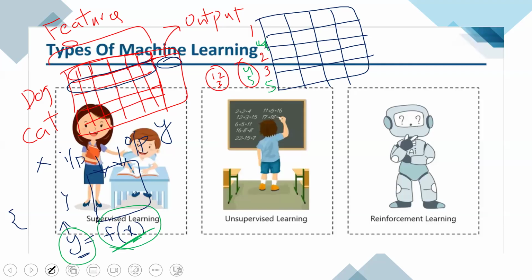For unsupervised learning algorithms, you will not feed the output. What you only feed is the features. By feeding the features, the unsupervised learning algorithm groups the points which are relevant or similar to each other based on different techniques.